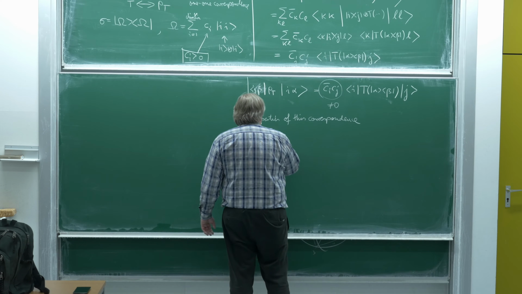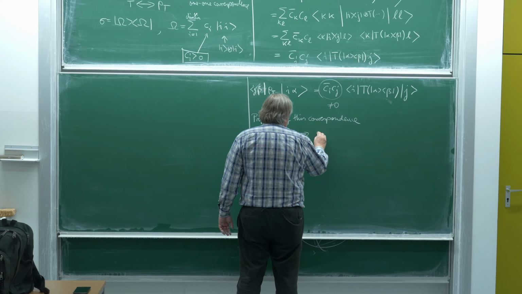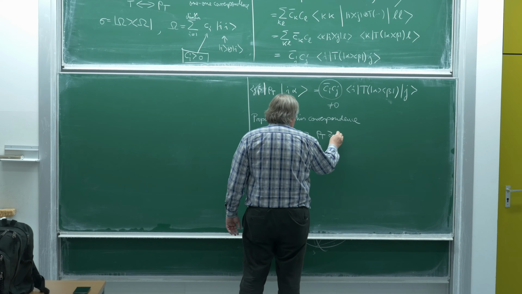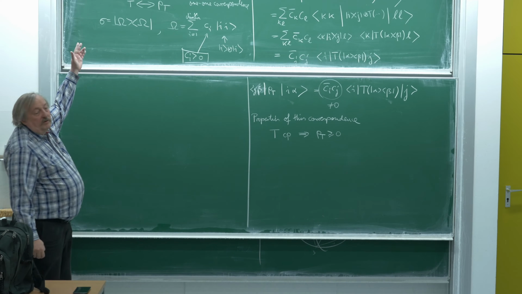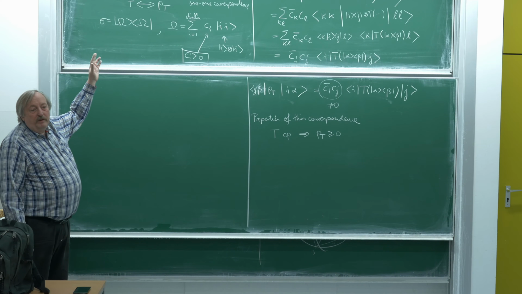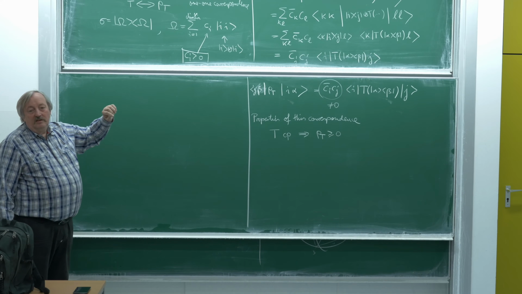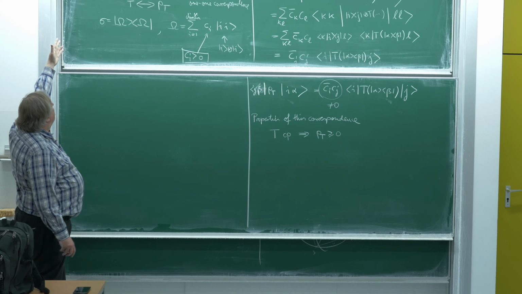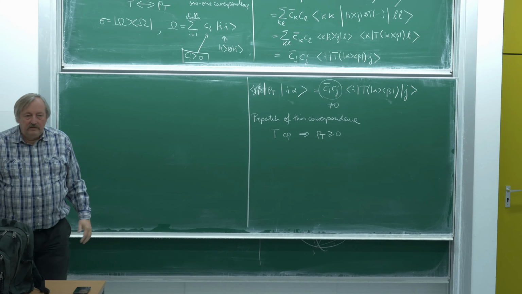So if T is completely positive, then it follows that rho_T is positive. Now this is completely obvious from the picture. Because by definition, complete positivity means that identity tensor T is a positive operator. So you're actually acting with a channel on sigma, and the outcome has to be a state. Right?